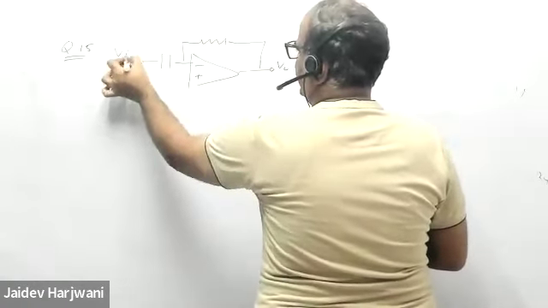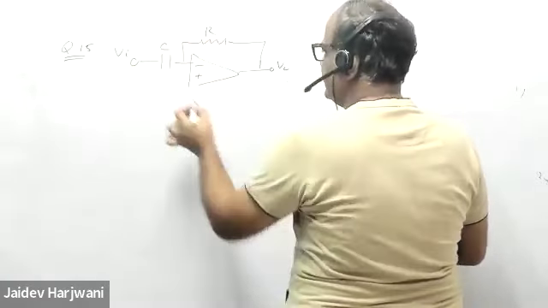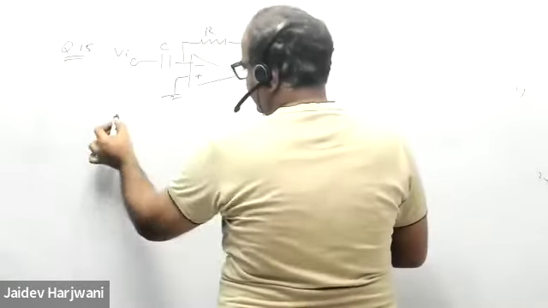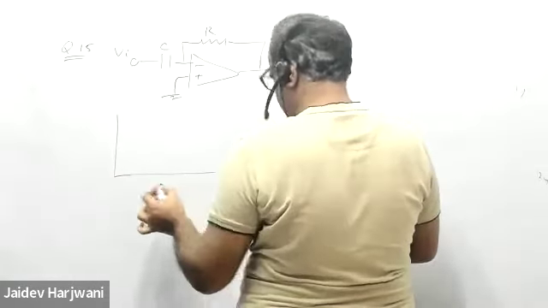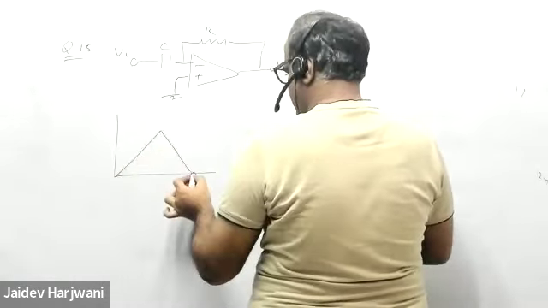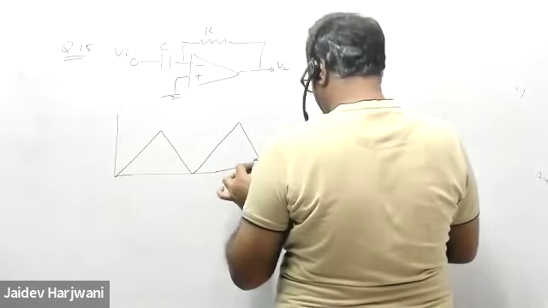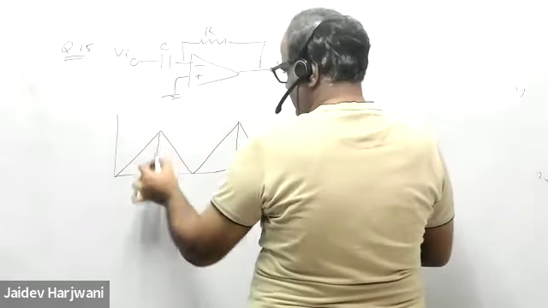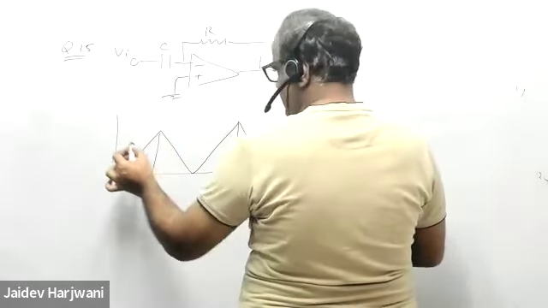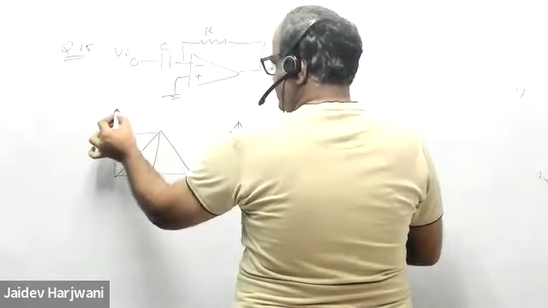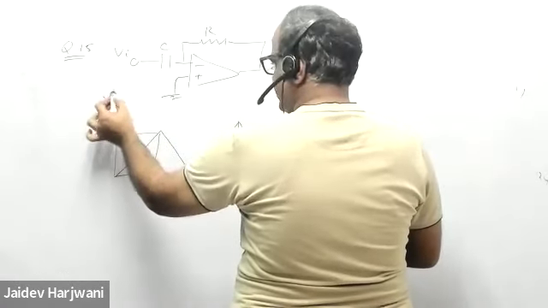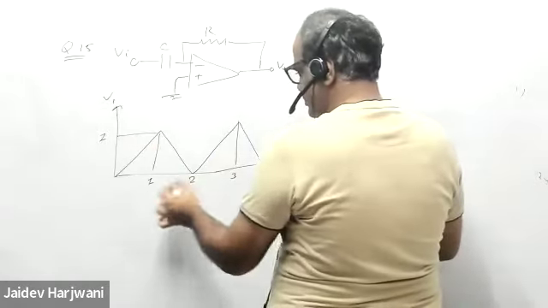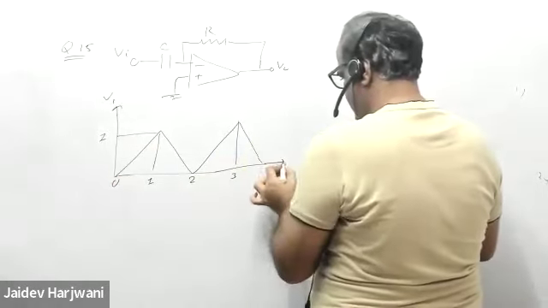Here you are applying V input, RC value is given as 1. And the input is this one. This is the input. This is 3. This is 1. And this is V input. 3, 2, 0. And this is T.